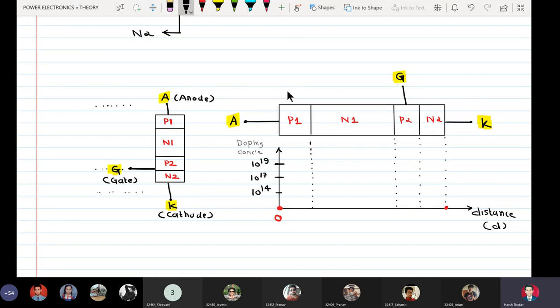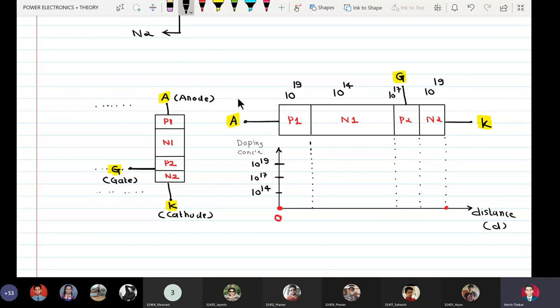The layer P1 has a doping concentration of 10 raised to 19 atoms per cc. N1 has a doping concentration of 10 raised to 14 atoms per cc. P2 has a doping concentration of 10 raised to 17, and N2 is as equally doped as P1.